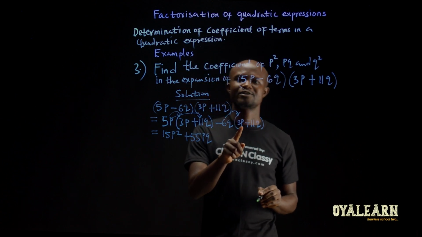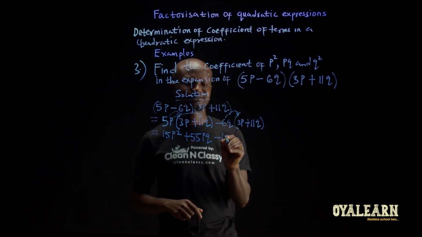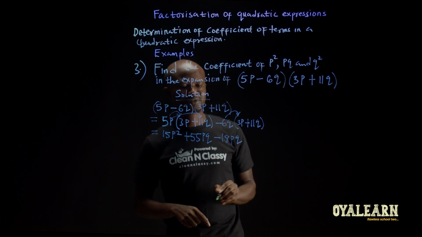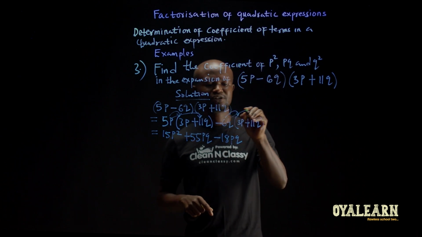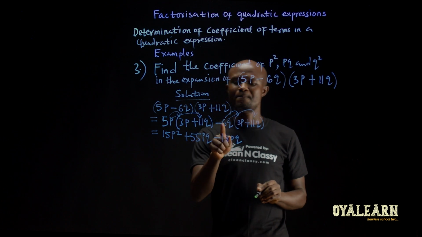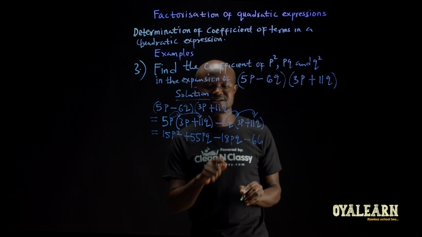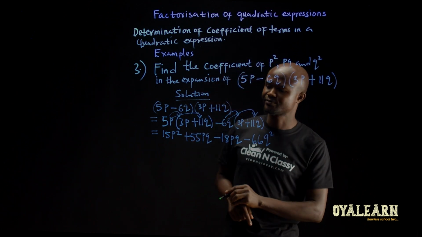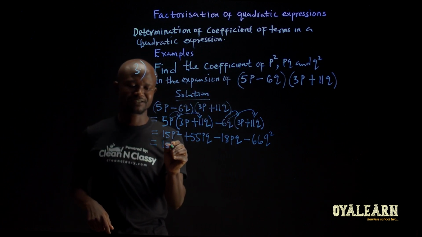Minus 6 times 3, that's minus 18. P times q, pq. Then, we use that same minus 6q to multiply 11q. Minus 6 times 11, what do we have? Minus 66. Q times q, what do we have? Q squared.